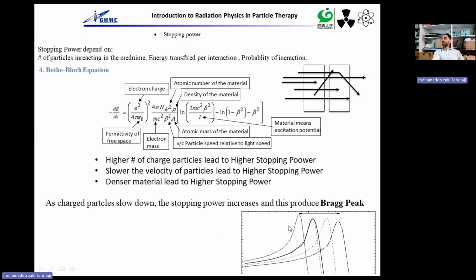Each one of them will do like this. And it depends on the number of particles, the atomic number Z of the material, the density of the material, and the speed of the particle. Sometimes it will stop here, sometimes it will stop here, sometimes it will travel further.